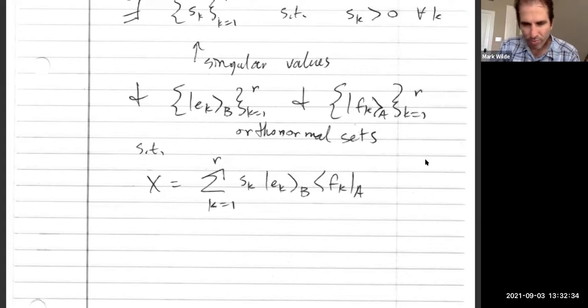So I can think of the action of this operator as if I have an incoming vector psi, for all possible k, I'll act with f_k on psi, and then I'll get some number. And that gets taken to be a coefficient of this e_k vector, and then it gets scaled as well.